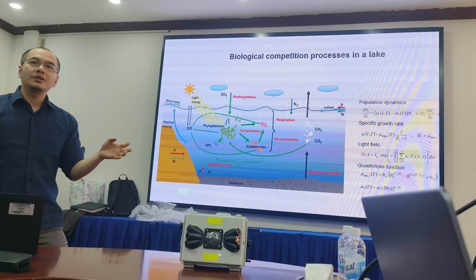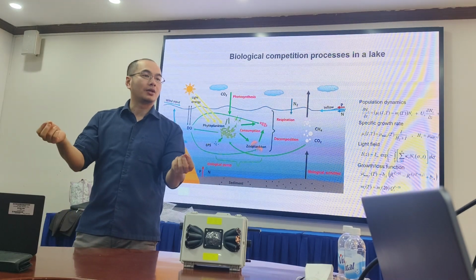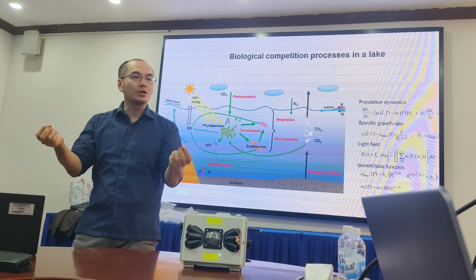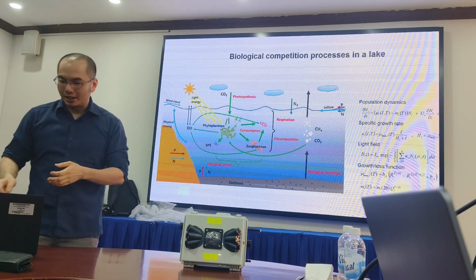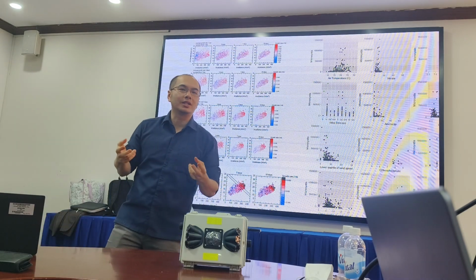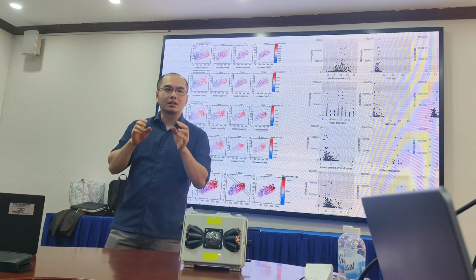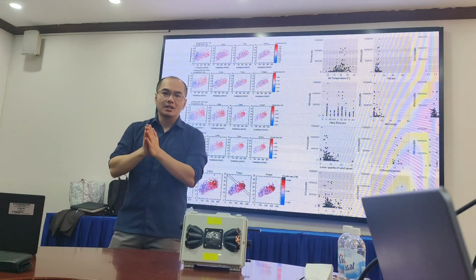And when you want to model both physics and biological models, then it is kind of an impossible task, and that's why we try to run a lot of cases to see which is actually the most important parameter that affects the growth of cyanobacteria.